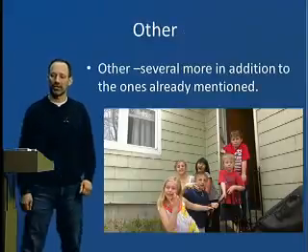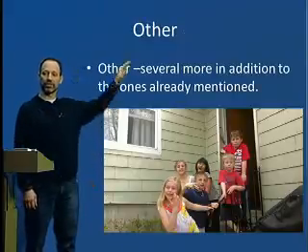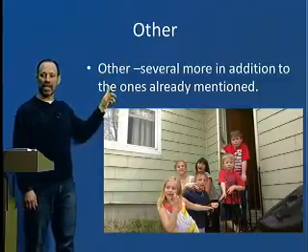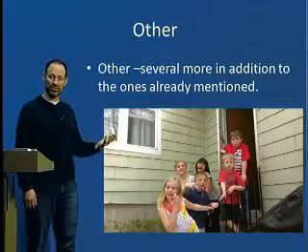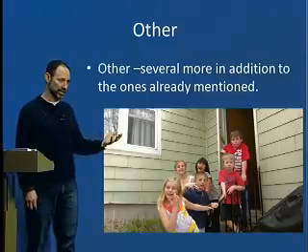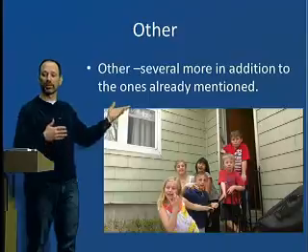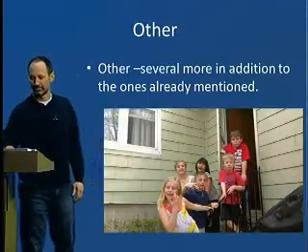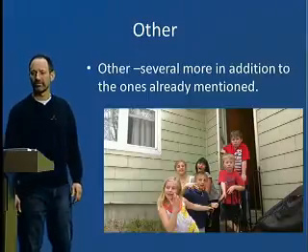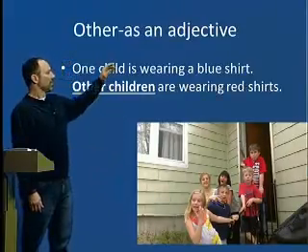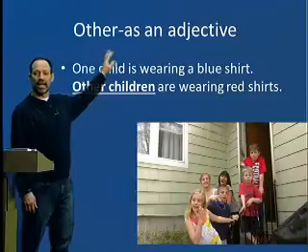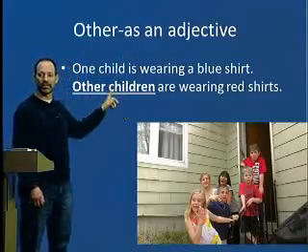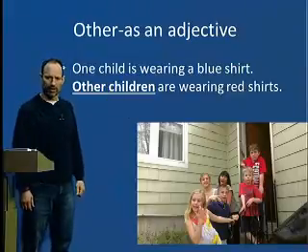Let's move on and talk about the second word, which was other. Other means several more in addition to the ones already mentioned. So this would be like the plural form of another. So first, let's look at the word other as an adjective. We have here, one child is wearing a blue shirt.